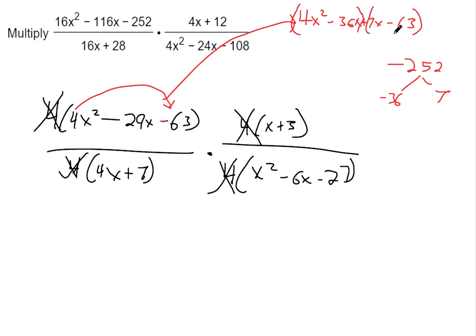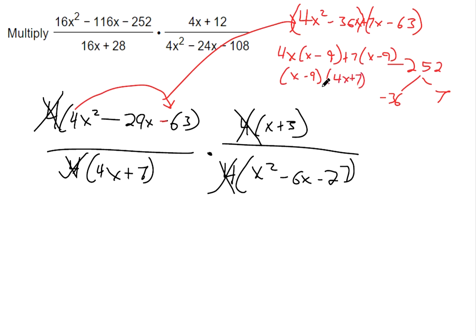And then factor out what's in common in those two groups. So we got a 4x we can take out of the first parentheses. And in the second parentheses, we have a 7 that we can take out of both of them. And then look, we have two parentheses that are the same. So the way we finish that up is we factor out the x minus 9. And 4x plus 7 is left over.